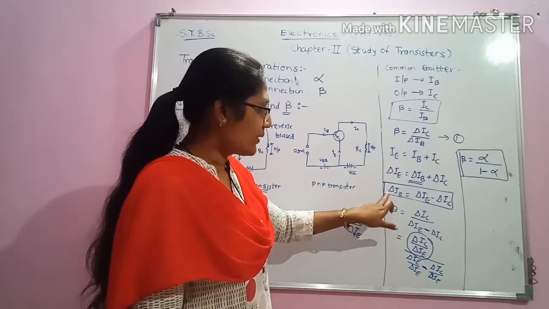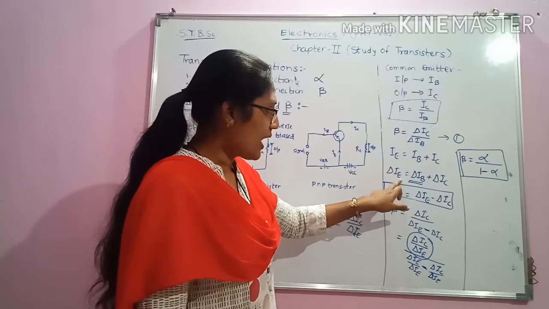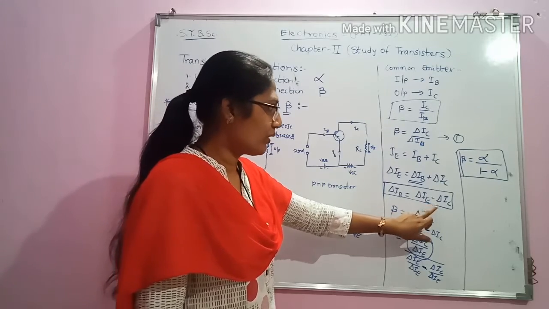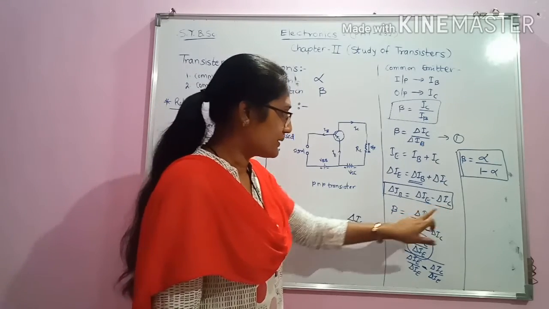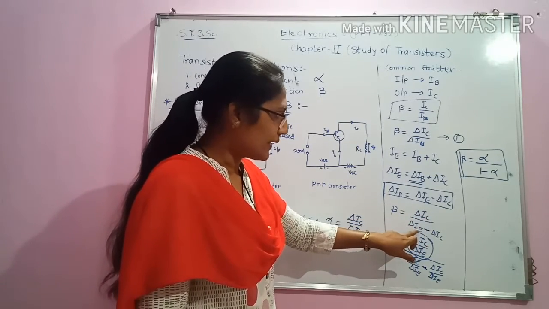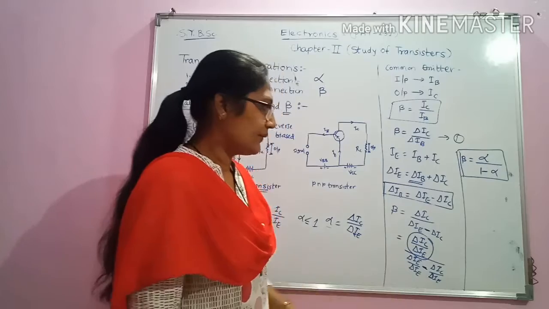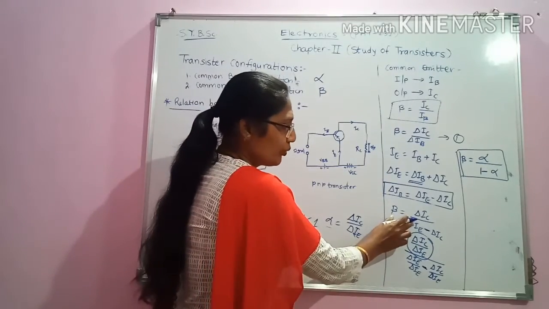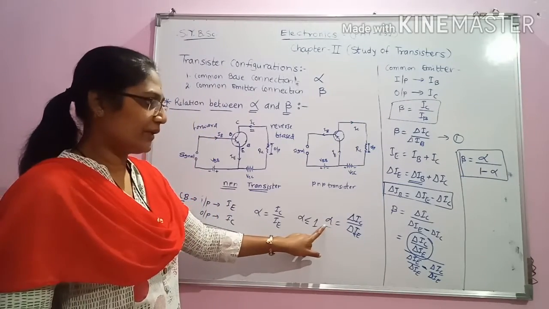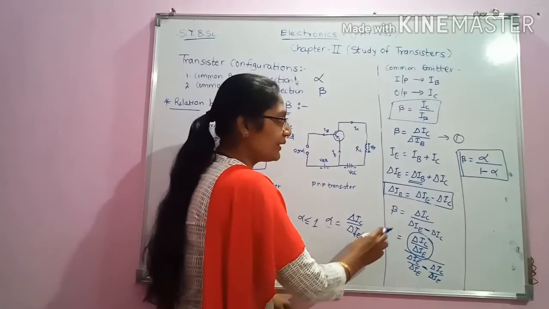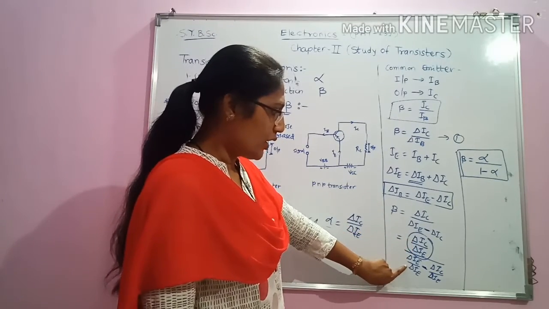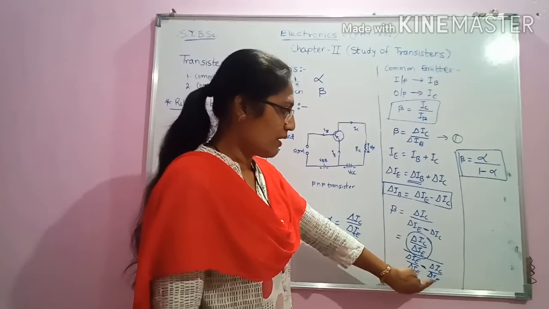Now delta IB is equal to delta IE minus delta IC, here we have written plus, it was wrong. And beta is equal to delta IC upon delta IE minus delta IC. Now divide both numerator and denominator by delta IE in order to obtain the value of alpha. So beta is equal to alpha divided by 1 minus alpha.